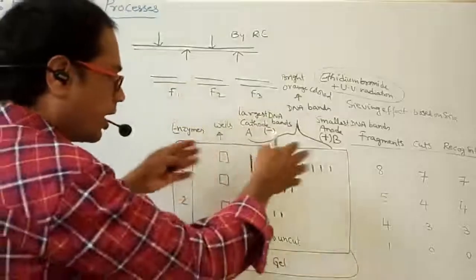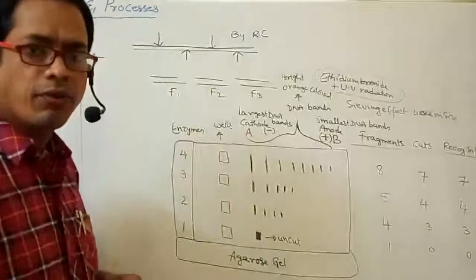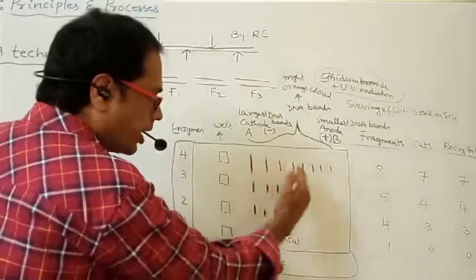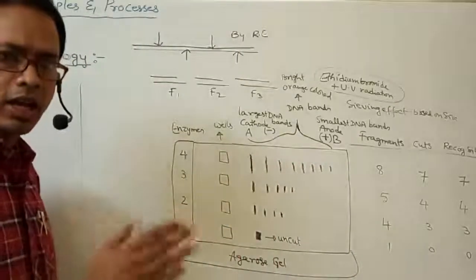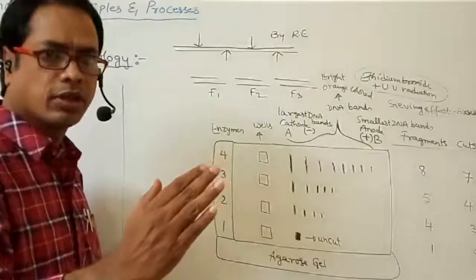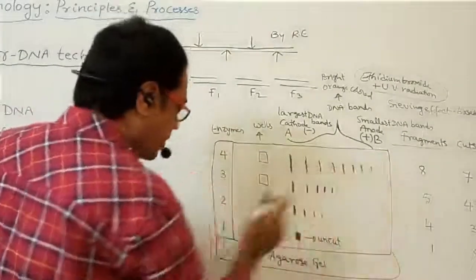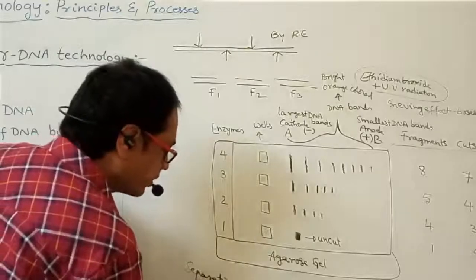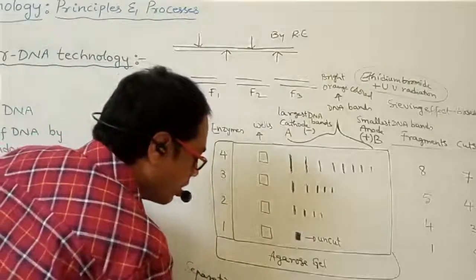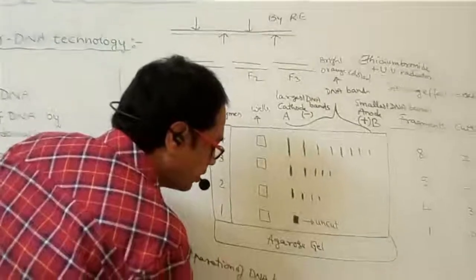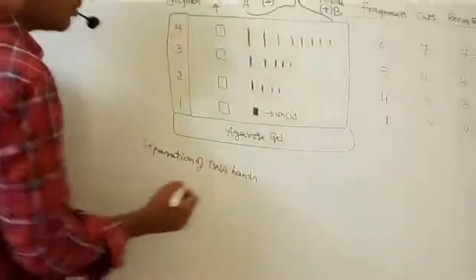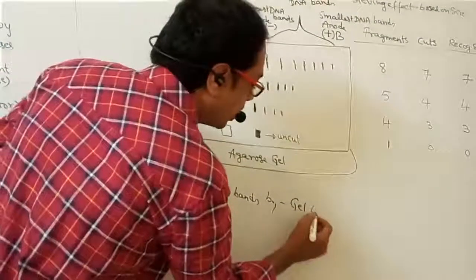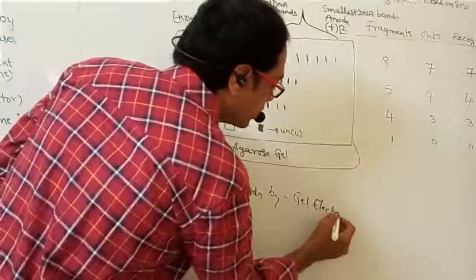So we have to do the separation of DNA fragments. Separated DNA fragments are cut out from the agarose gel. Separation of DNA bands, separation of DNA fragments can be done by a process called gel electrophoresis.